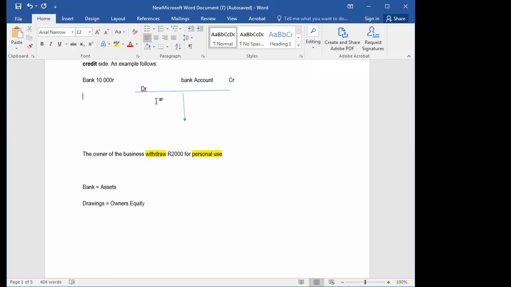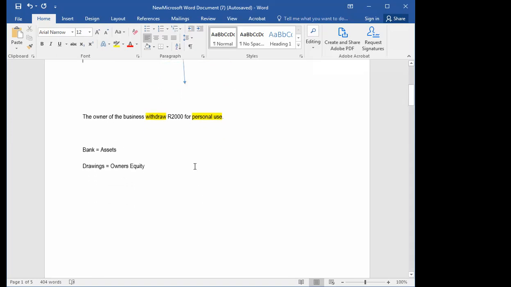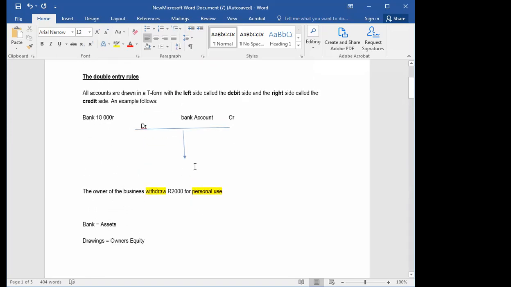When there is an outflow of money from our business, from the bank account of the business, it will cause the bank to decrease. On which side? Remember, I've said to you, assets are increasing on the debit side, but decreasing on what? On the credit side. So bank must be decreased on which side? On the credit side.